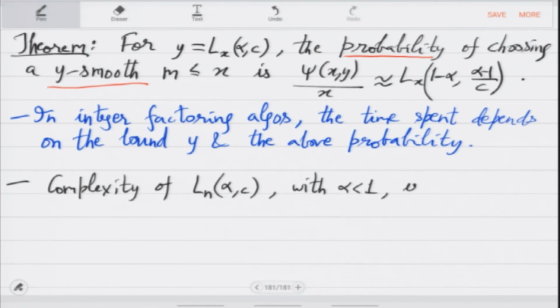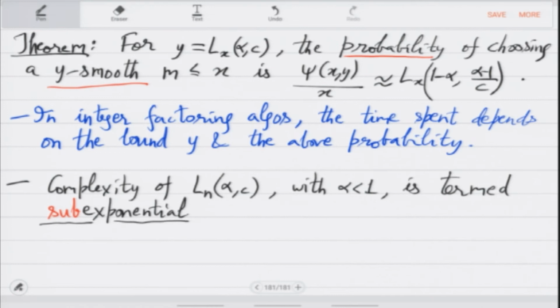This is termed in the literature of integer factoring sub-exponential. Why is it termed sub-exponential?